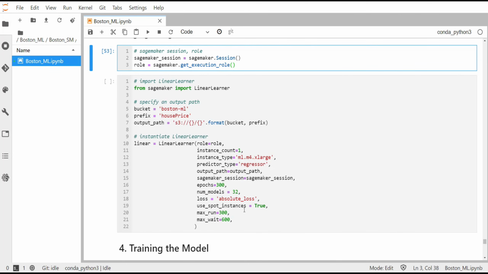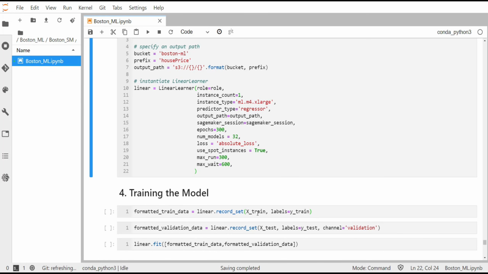Loss function used is the absolute loss. And as before, to reduce the billing seconds, we have used the spot instances and maximum runtime of 300 seconds. And maximum wait time is of 600 seconds. Let's run this cell. So we have defined the hyperparameters for the model training.